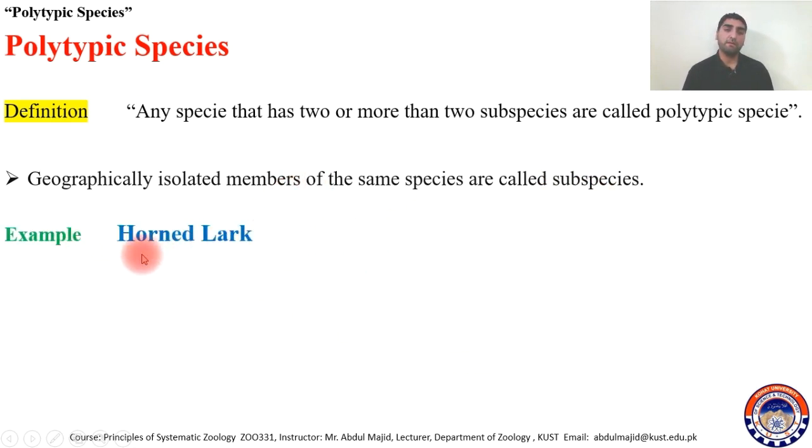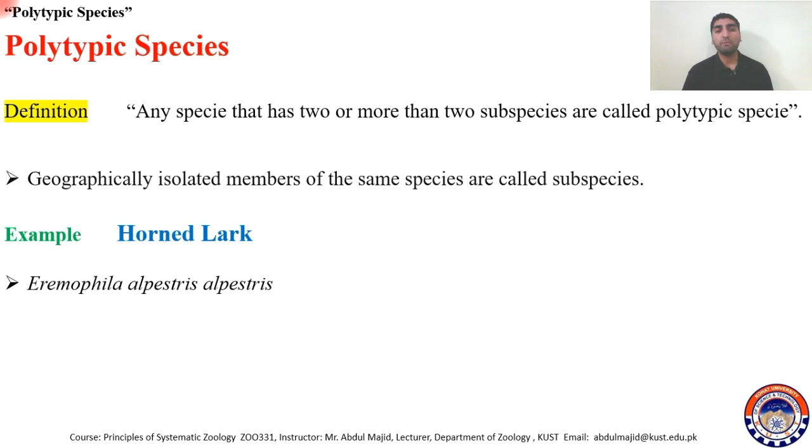So for example, the horned lark is one example. You can see this horned lark, they have many populations, like they are distributed throughout the world. You can see them in Europe, in Asia, in China, and up to Mexico, Brazil, United States, South America.